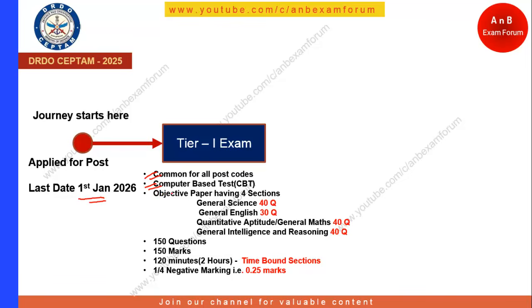The next important point about the Tier 1 exam is that it will have 4 sections. This time it is different. If you compare with September 10, September 9, September 8, this time they have mentioned the number of questions as well.